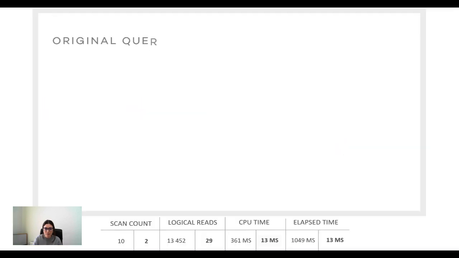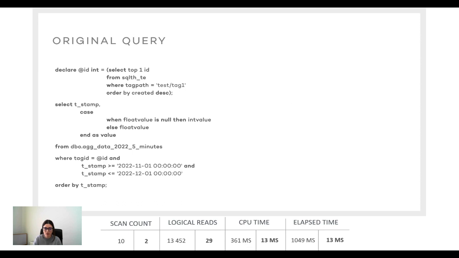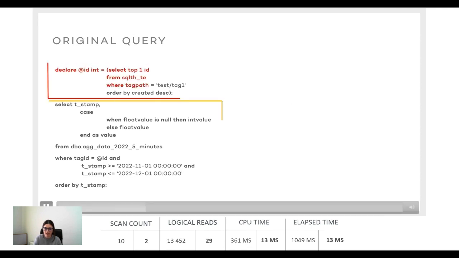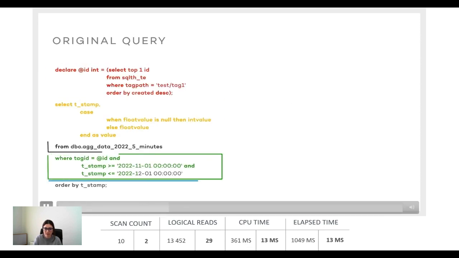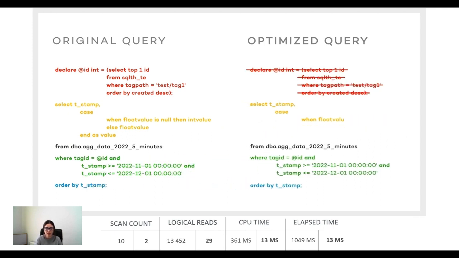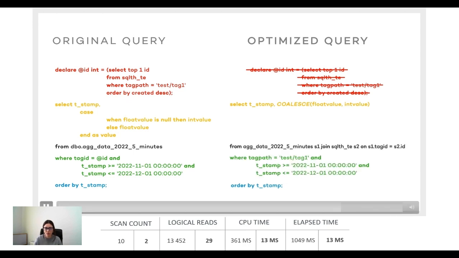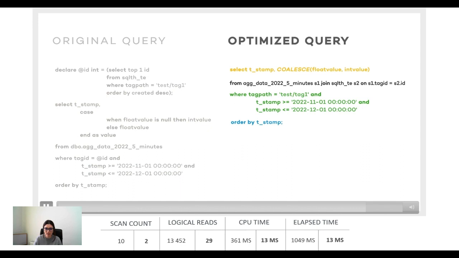Now let's see a specific use case where we have a non-optimized SQL query and where we have followed the best practices and end up with an optimized query on the right side. With this query, we are basically retrieving data for 1 month in a single table. In the original query, we are using a subquery, we are using CASE, and we do not have indexes on the table.